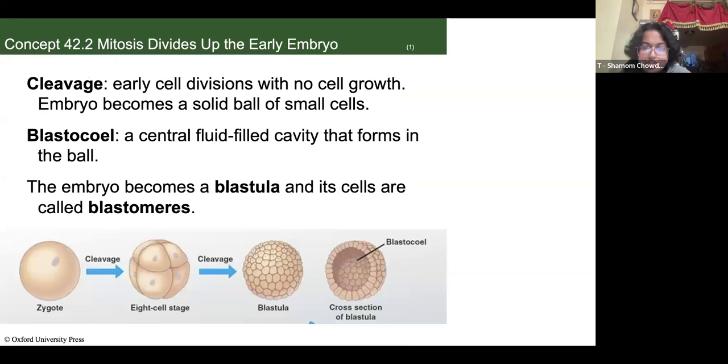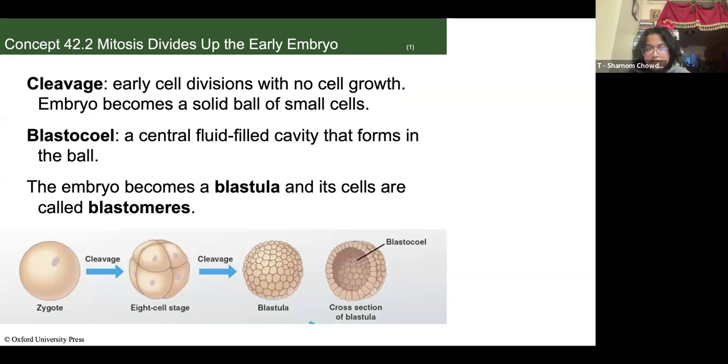Yeah, so zygote to blastula, there's nothing super complicated that you need to memorize. The main thing is that the zygote undergoes cleavage, so no cell growth occurs during this time, but the zygote itself becomes a solid ball of small cells. It just divides.